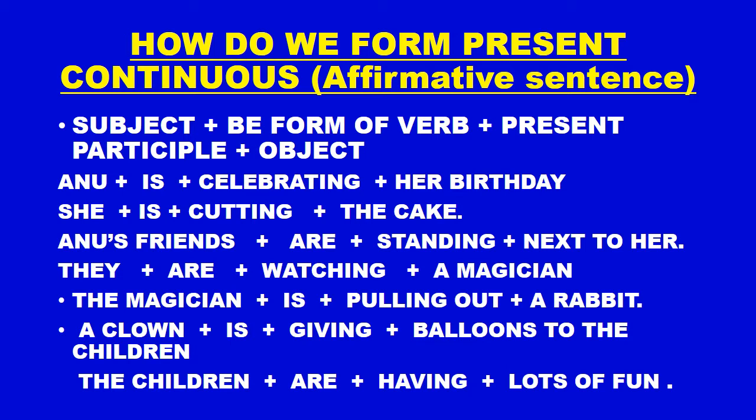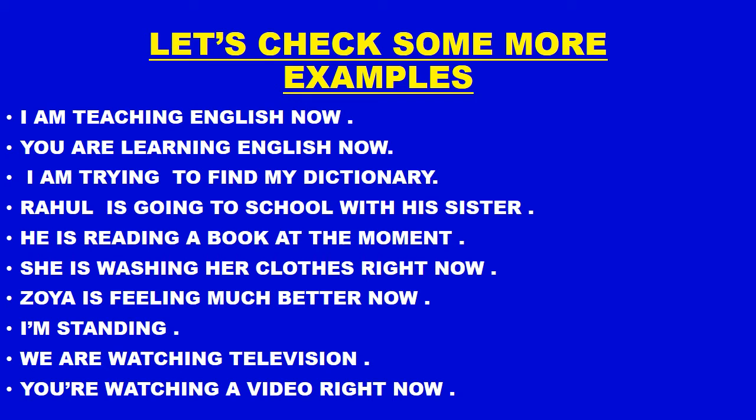Now, let's check some more examples. First sentence is, I am teaching English now. In this sentence, it's clear to you that with I, the be form of verb that we are using is am.